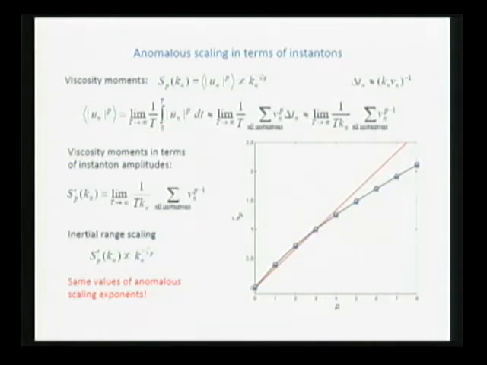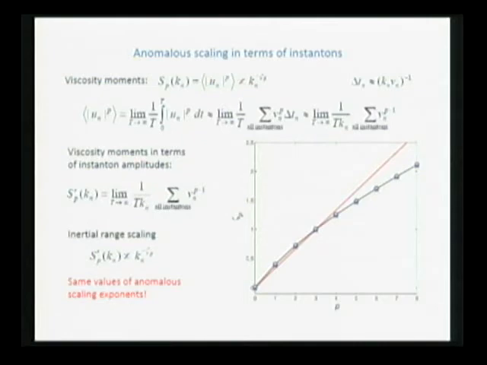It turns out that these new velocity moments also scale as a power law with exactly the same scaling exponent. Here, the red line is the Kolmogorov series, and the black line is the dependence of the exponents on the order of the moment for the shell model. The circles are what we have in this definition, so it's exactly the same.